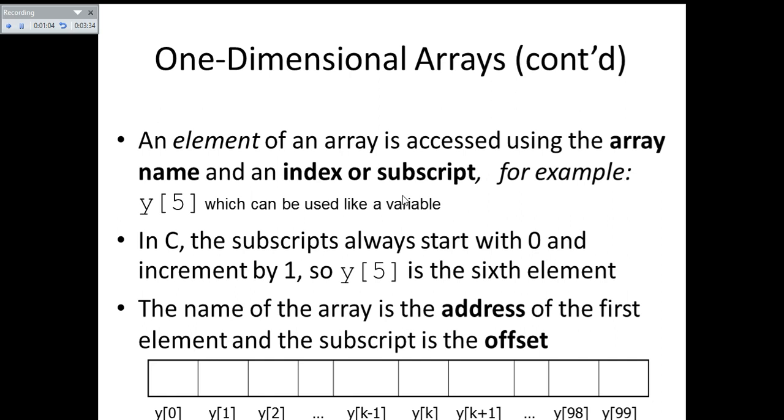The name of the array is the address of the first element and the subscript is the offset. Suppose you want to know the address of the array, y, the name of the array, itself will give you the address, and to that address you have to add the subscript, so that you will get the original value at that particular address.